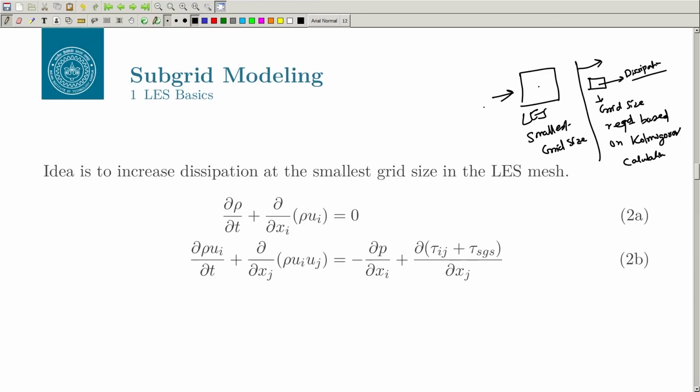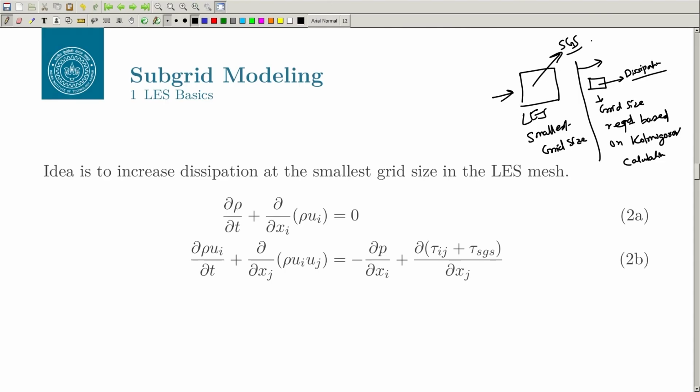In LES we say that you model only if the eddy is smaller than a certain size, or in a more accurate way, just bigger than the smallest grid size that we have in the LES. So, we want our SGS model to work on this scale. This is where the SGS model will work.